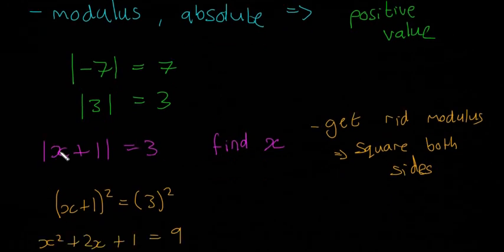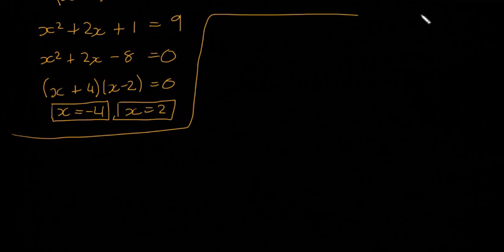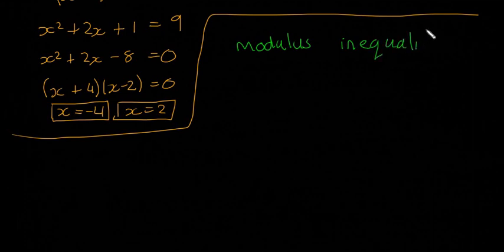If you ever see a linear modulus question like that, you just have to get rid of the modulus by squaring both sides. Now we're going to look quickly at a modulus inequality, which is really similar to linear modulus questions. The example could be the modulus of x plus 1 is less than 5.